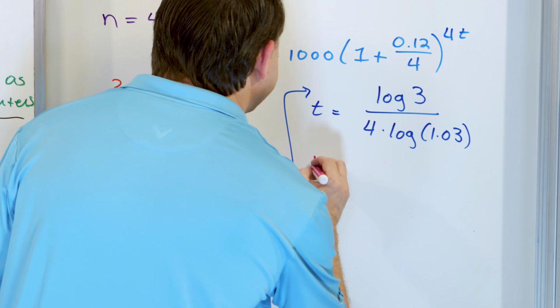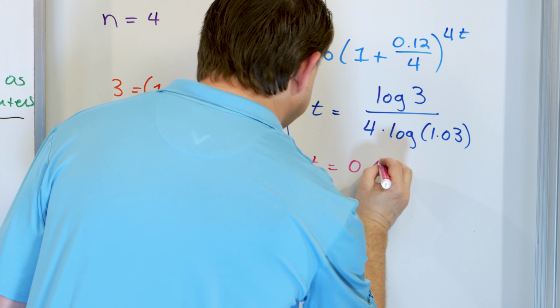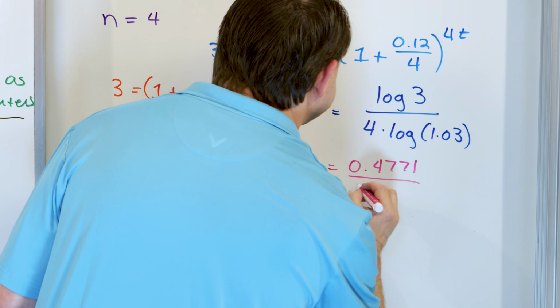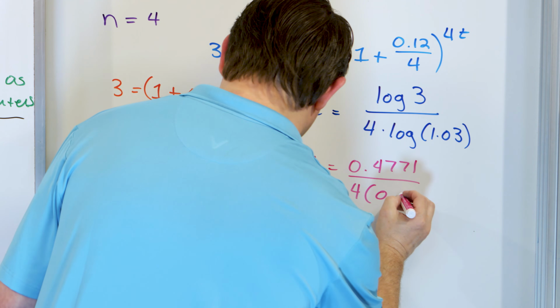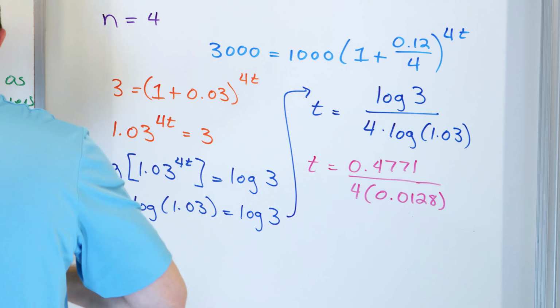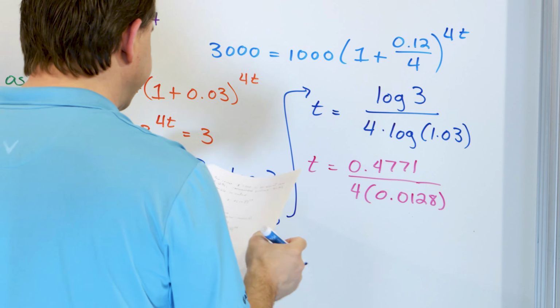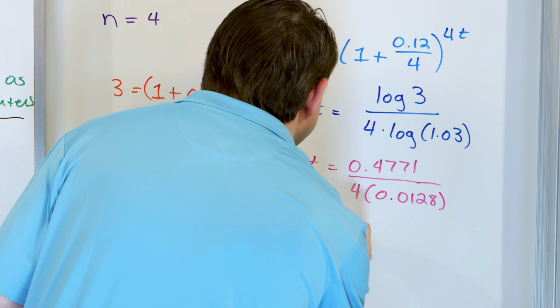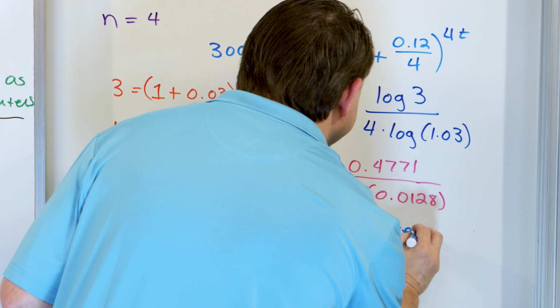What is the base 10 log of 3? You're going to get 0.4771. And then log of 1.03, you'll get 0.0128. And then whenever you do the division, this divided by the multiplication of those two things, when you round the decimals here, you're going to get 9.3 years.